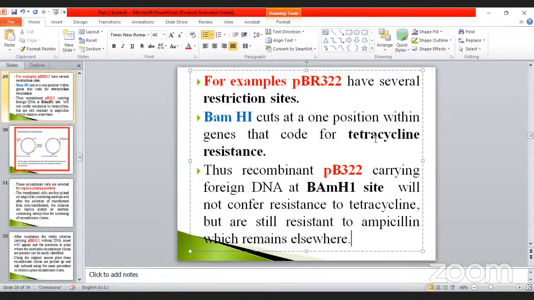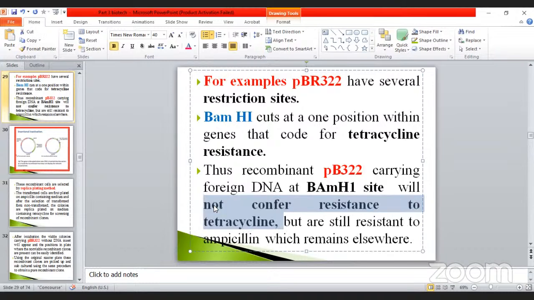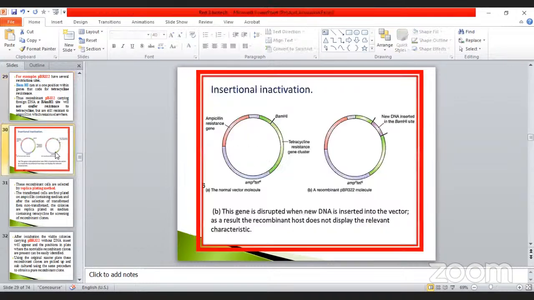This gene is responsible for tetracycline resistance. So the recombinant pBR322 carrying foreign DNA at this site will not confer resistance to tetracycline, but is still resistant to ampicillin, which remains elsewhere. That is very important, so don't forget. In the next figure you can easily understand: this is the ampicillin resistance gene, and this is BamHI.